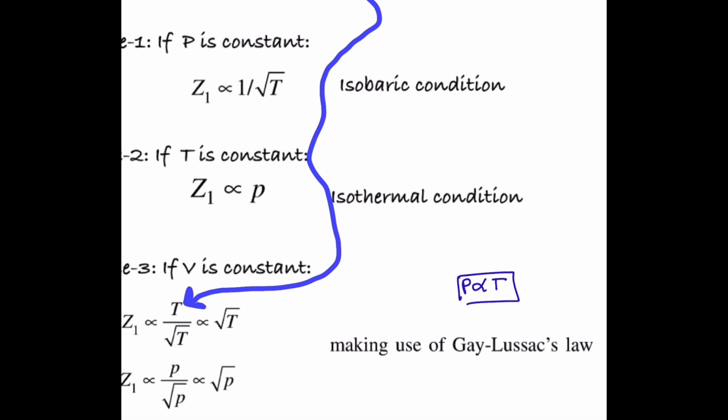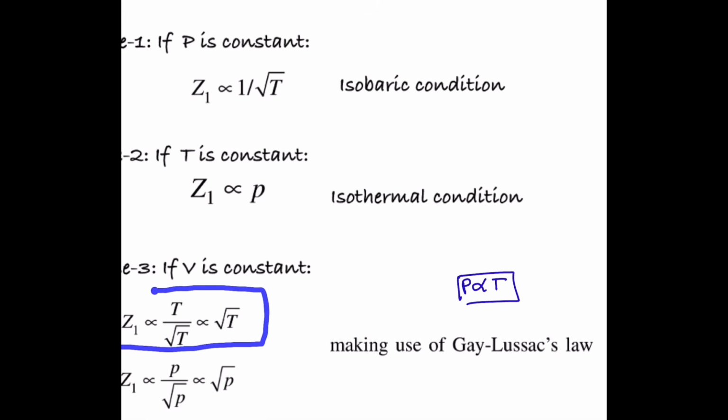Already in the denominator we have root over T, therefore Z1 is directly proportional to root over absolute temperature. In place of temperature we can also write P, because it is only a ratio, hence Z1 is directly proportional to root over pressure. So this is about the dependence of Z1 on pressure and temperature.